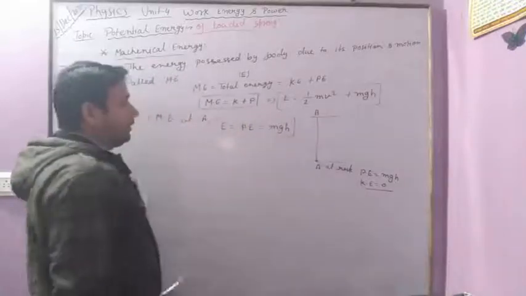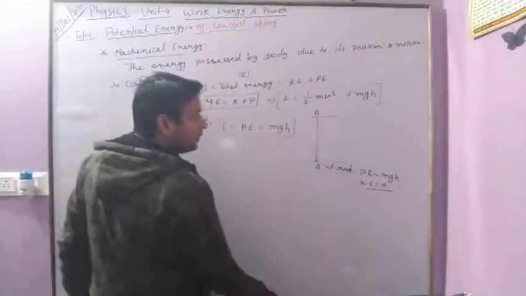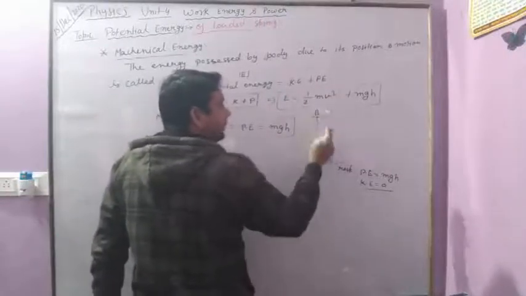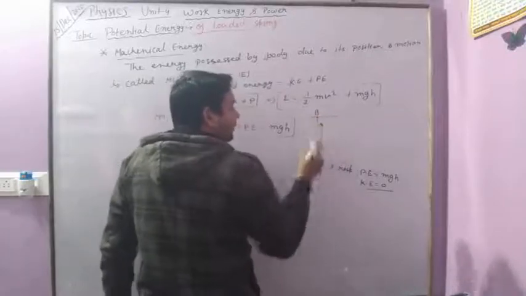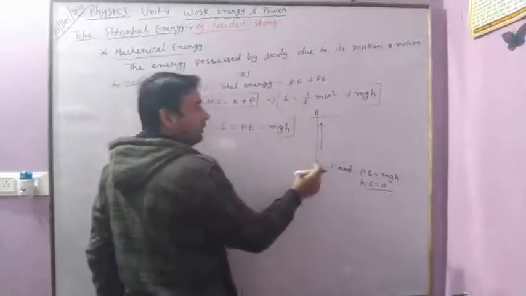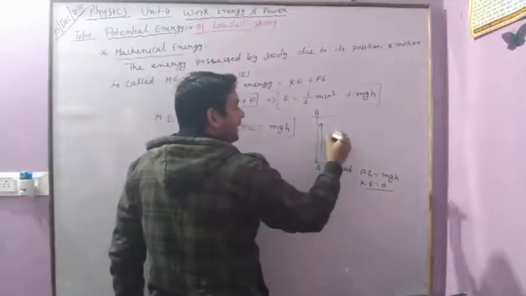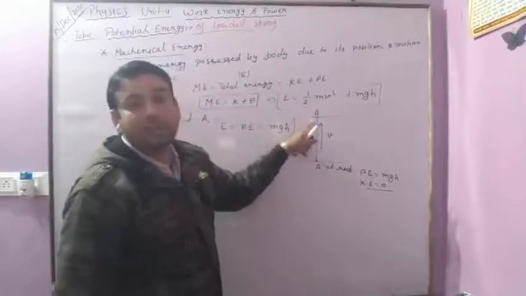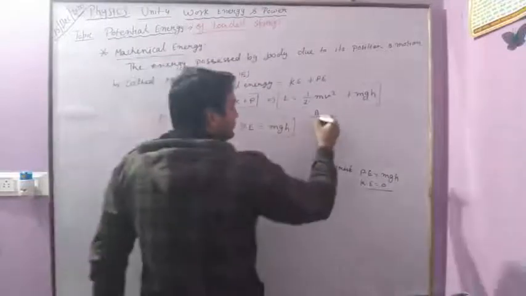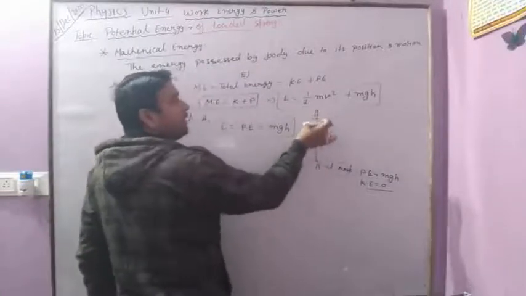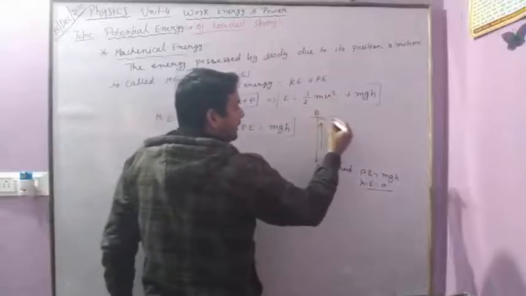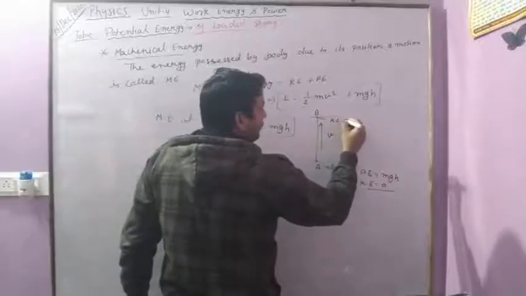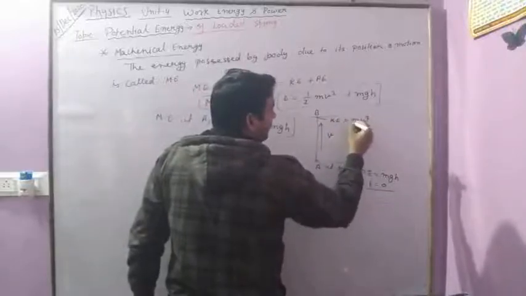Clear? And when the object is thrown vertically and reaches point B, with the velocity gained by the object at A, let's say v, then just at the maximum height its energy is equal to kinetic energy, which is mv square by 2.